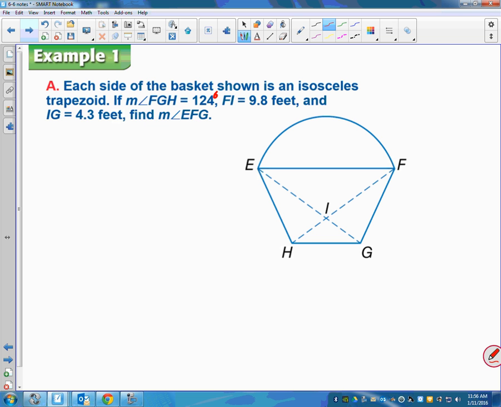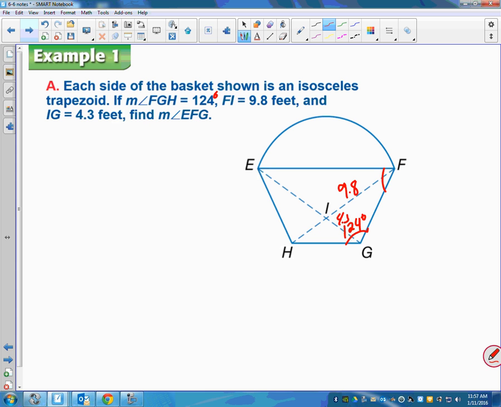So I'll give you a minute. See if you can fill stuff out and see if you can figure out the answer based on what we know with trapezoids. Yes, is that what we know?